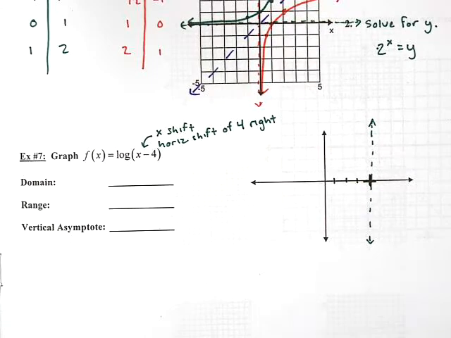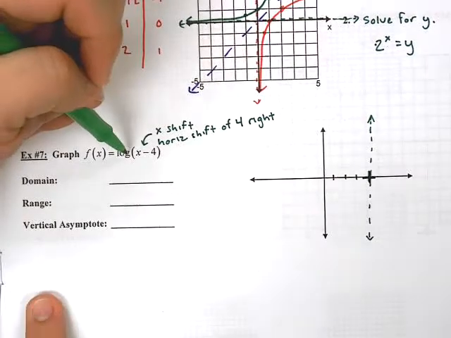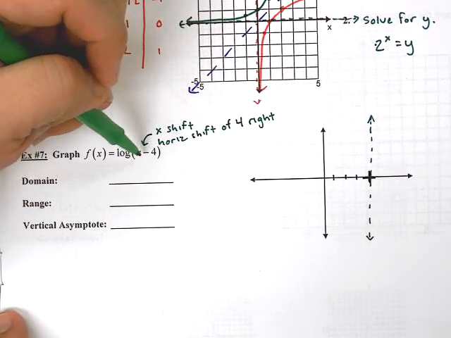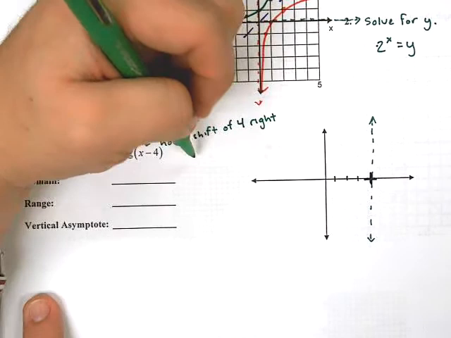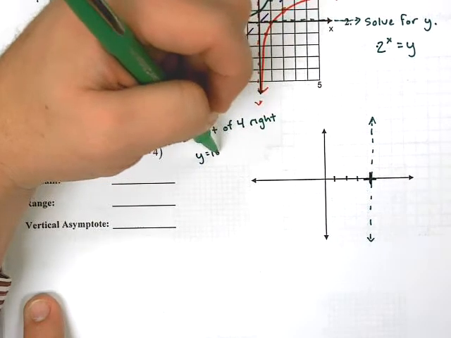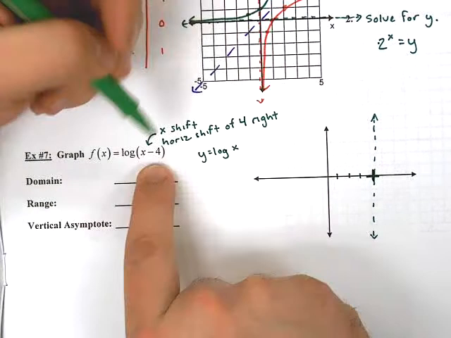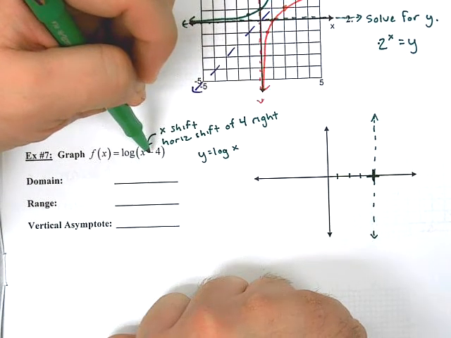What I need to remember next, though, is basically I'm graphing log of x with this shift, right? So I really need to do y equals log of x, because basically I'm predetermining where I'm positioned because of this minus 4.